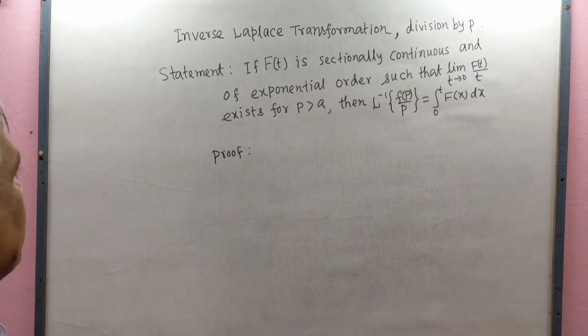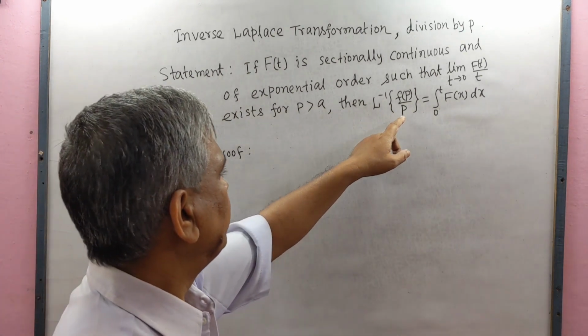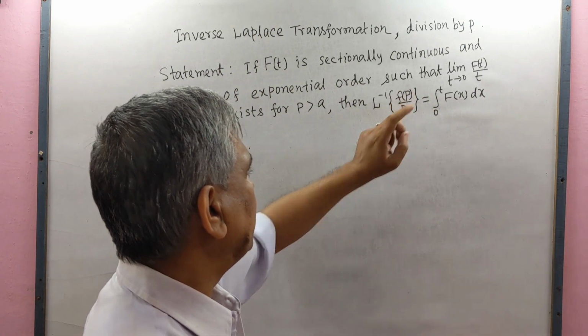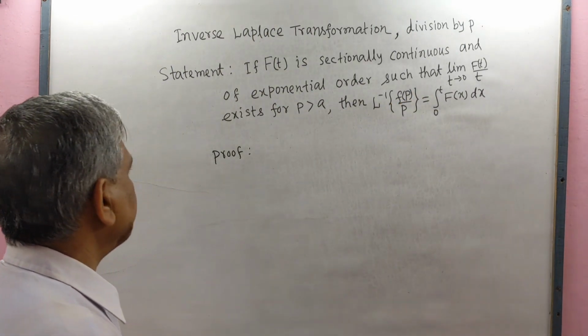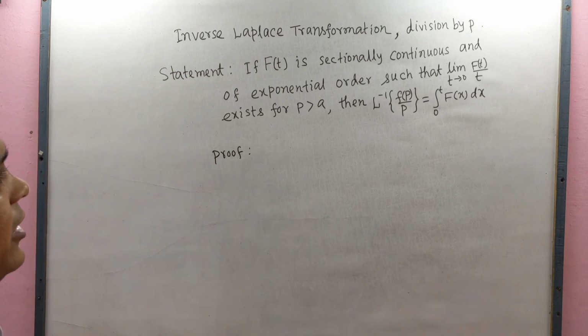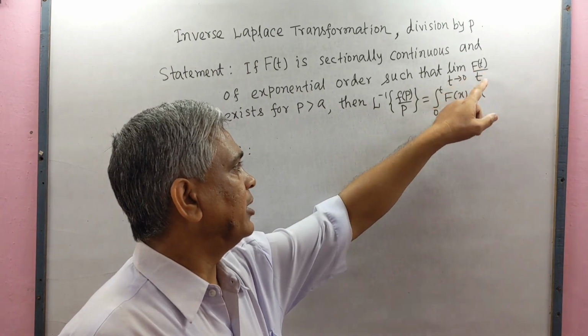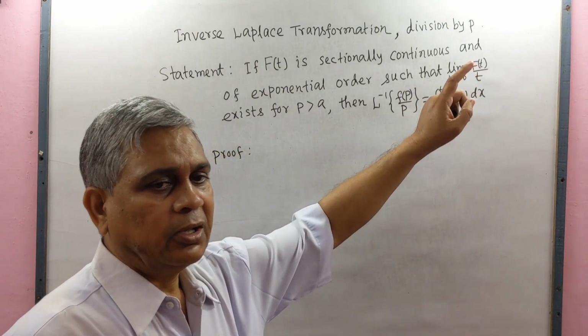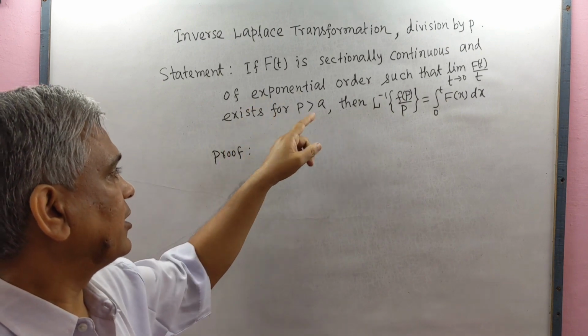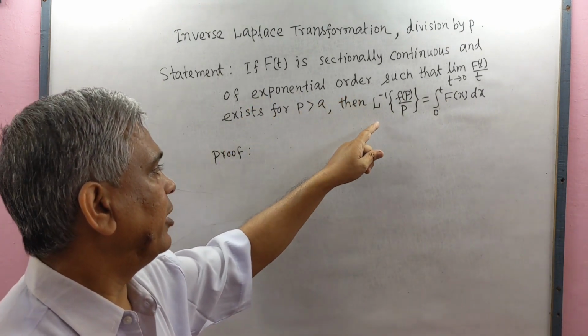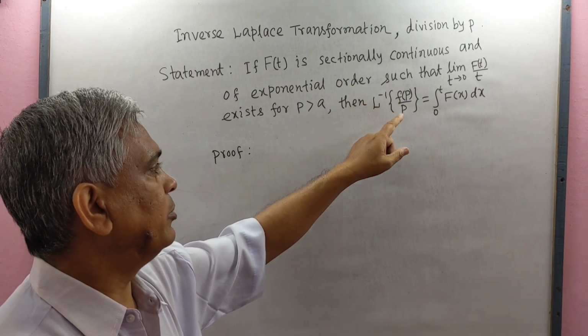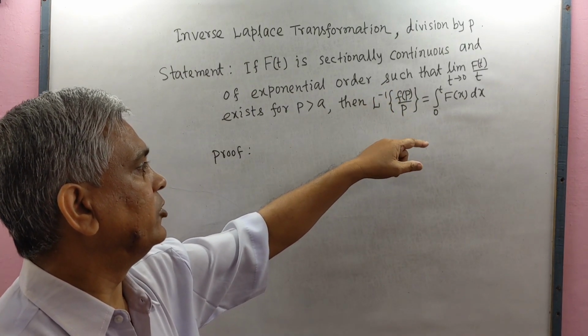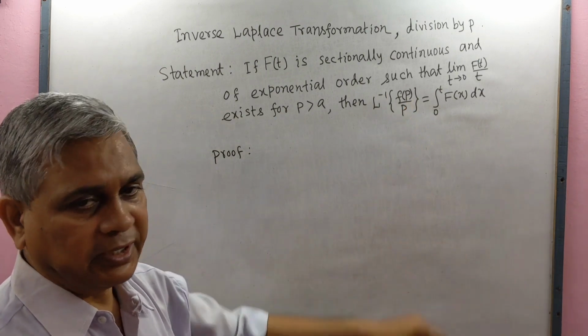Now we shall discuss the inverse Laplace transformation, division by p, that is, F(p) divided by p. Statement: if capital F(t) is sectionally continuous and of exponential order such that the limit as t tends to 0 of F(t)/t exists for p greater than a, then L inverse small f(p)/p equals the integral from 0 to t of F(x) dx.